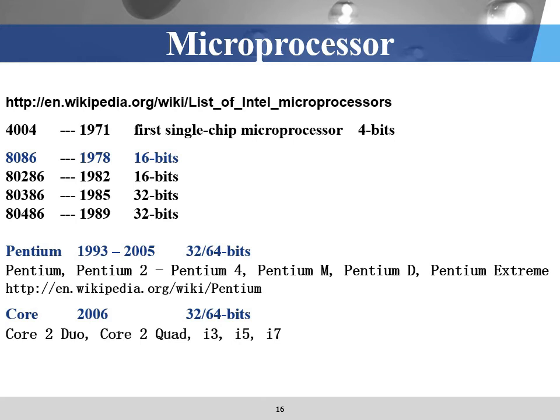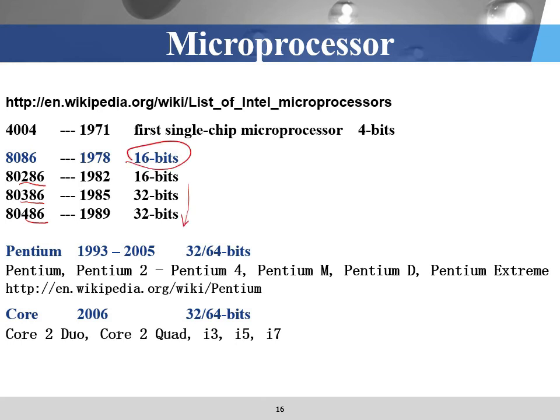It was only a 4-bit processor. And in 1978, the first 16-bit CPU was made, and the name is called 8086. And then we have the 286, 386, 486. From 16 bits to 32 bits.